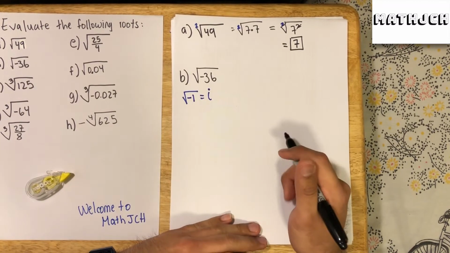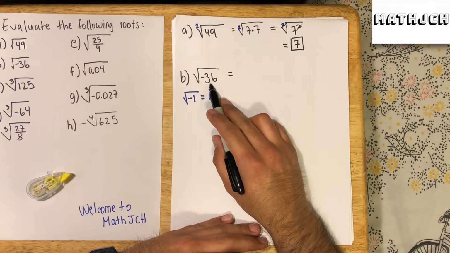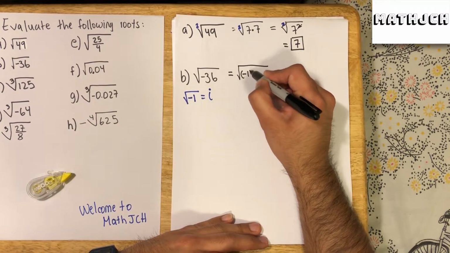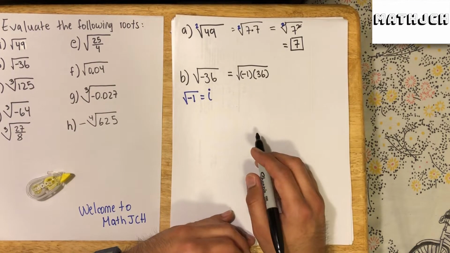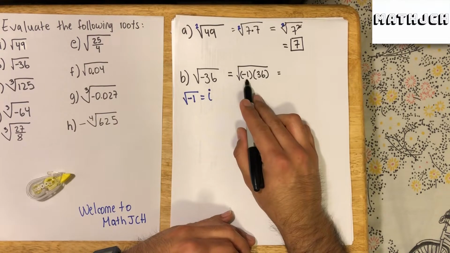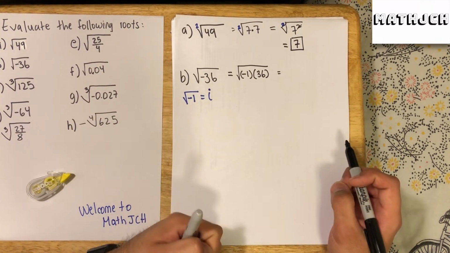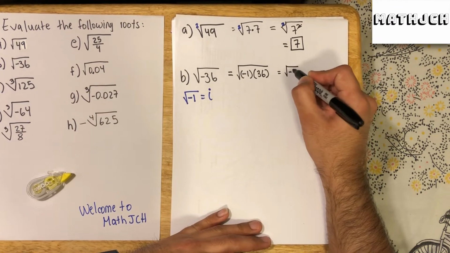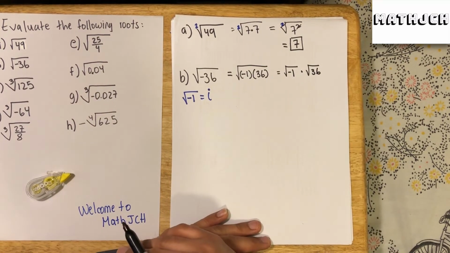That means that negative 36, I could rewrite it as negative 1 multiplied by 36. Now, since they both multiply inside that root, I could separate them into each one having its own root. So I'm going to have a square root of negative 1 times a square root of 36.